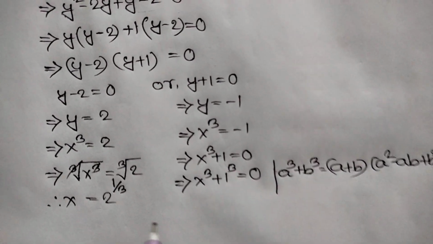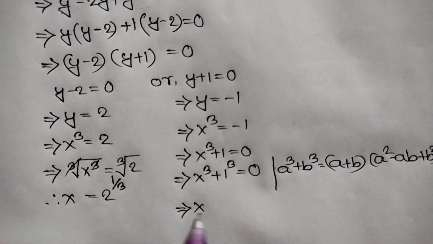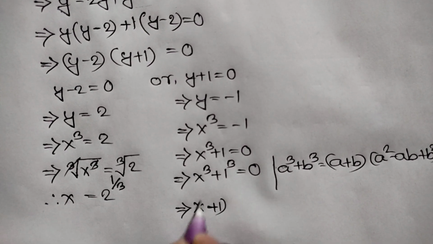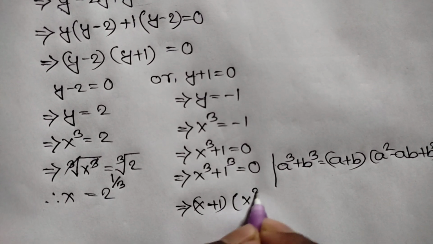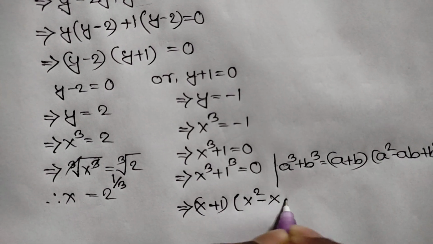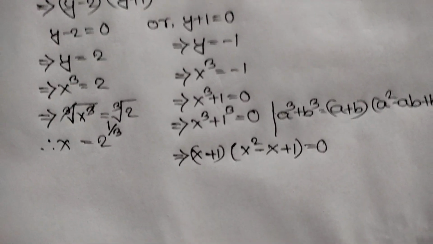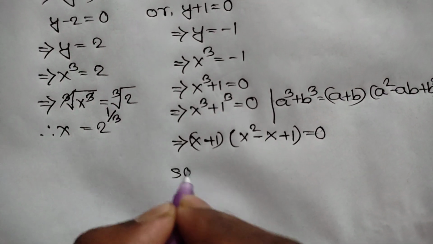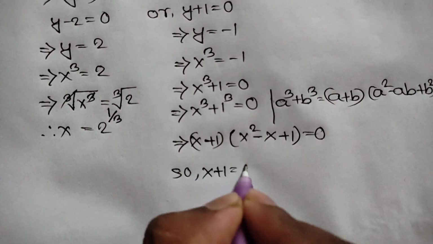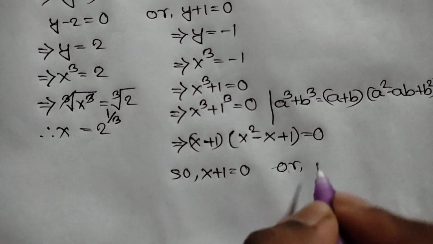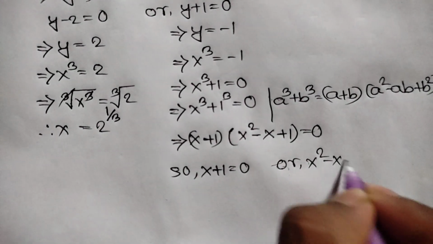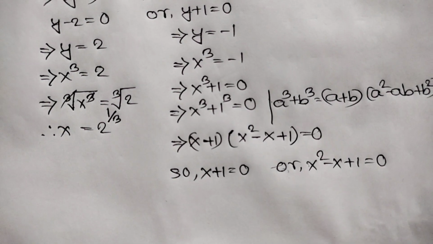Applying this rule we can write (x plus 1) times (x square minus x plus 1) is equal to 0. So x plus 1 is equal to 0, or x square minus x plus 1 is equal to 0.